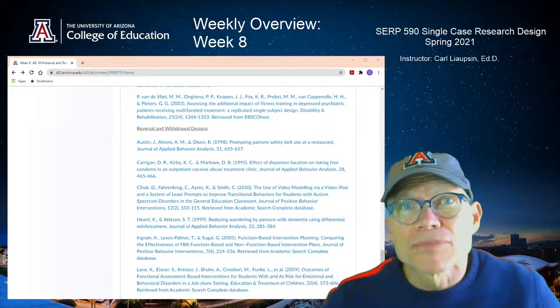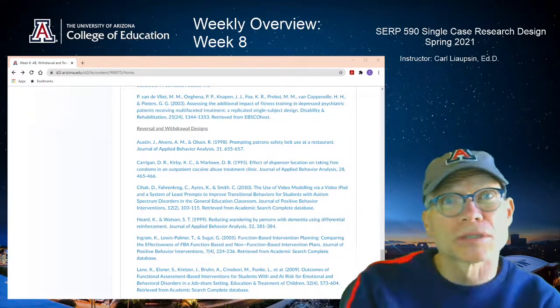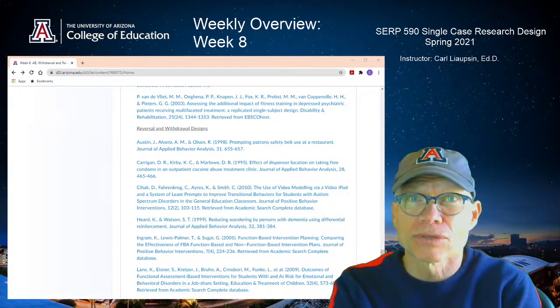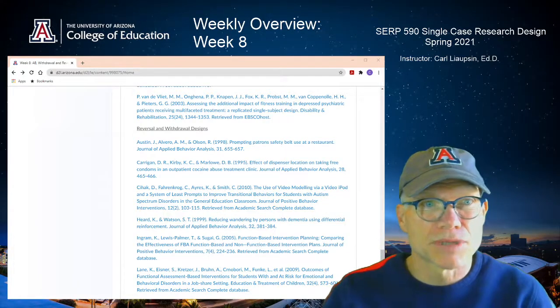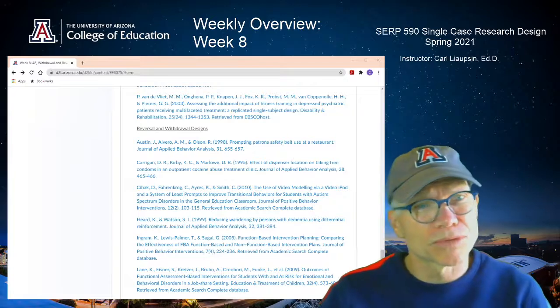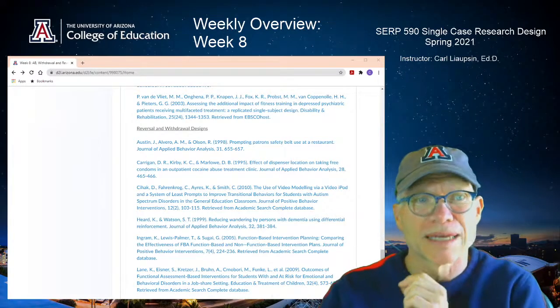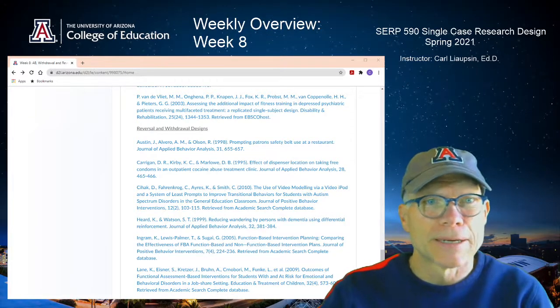Or read in depth if you want to, if you just get fascinated. Some of them are long, some of them are short. The prompting patrons' safety belt use at a restaurant, short. Most Journal of Applied Behavior Analysis articles are pretty brief. Same thing with the reducing wandering by persons with dementia using differential reinforcement is a longer piece, but it's really, really interesting.